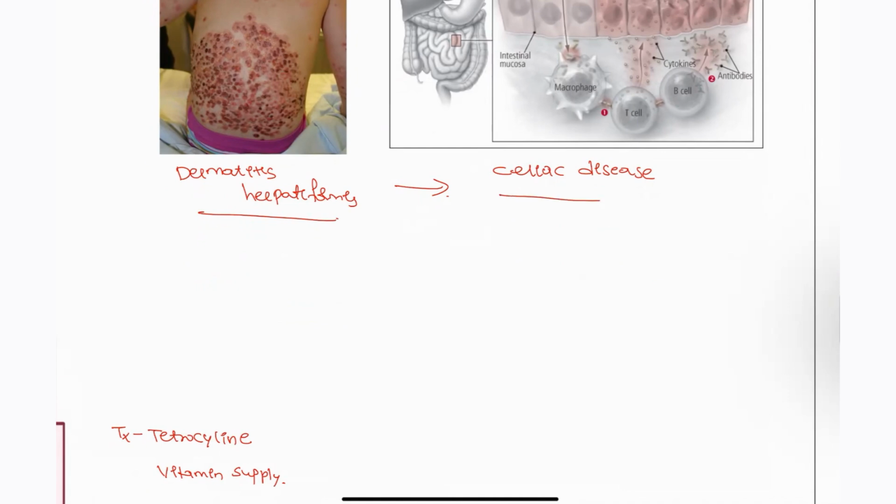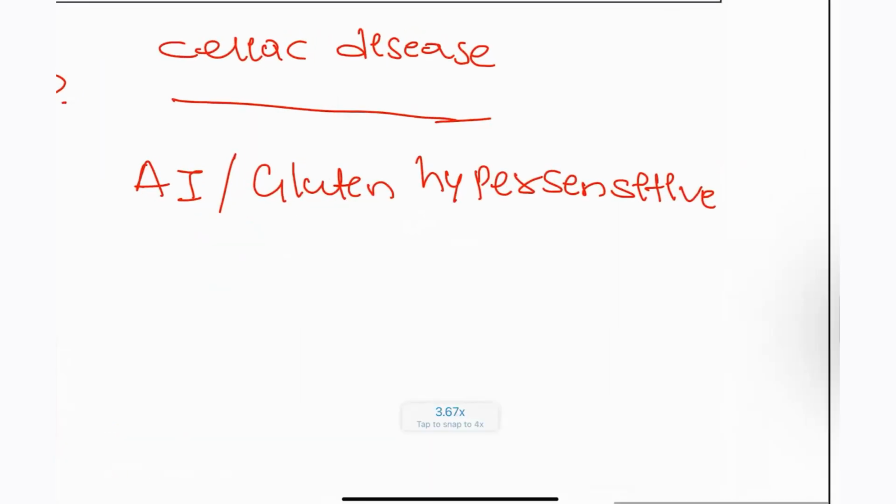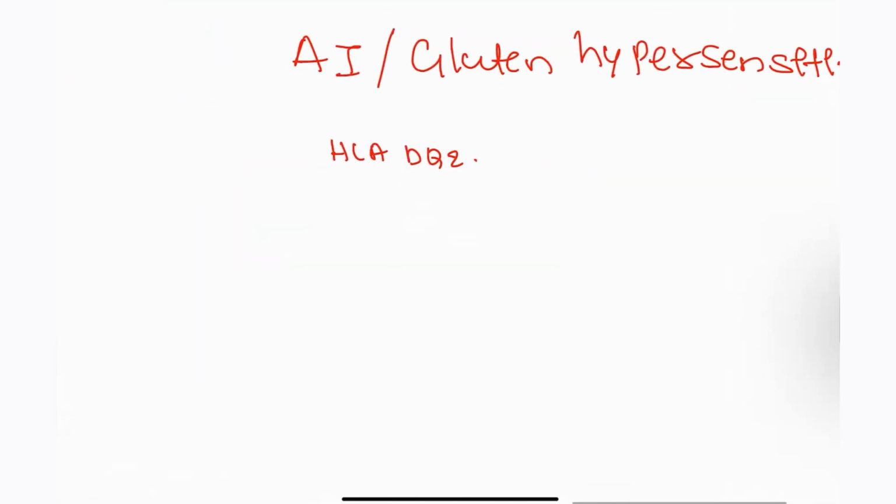Celiac disease is an autoimmune condition and self-destructive due to gluten hypersensitivity. It is only hypersensitive to gluten. This patient will most commonly be associated with HLA-DQ2, and this is the genetic association.